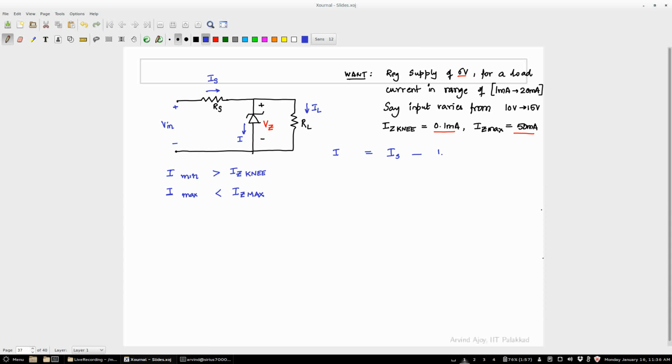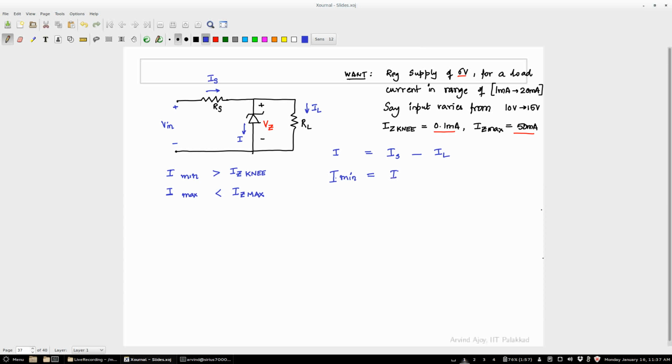So now can you tell what I minimum will be? Or we can start in a cleaner way by first writing what I is. What is IS minus IL? Okay.